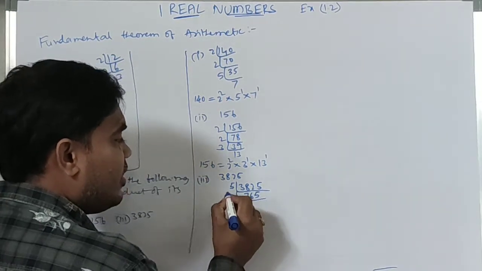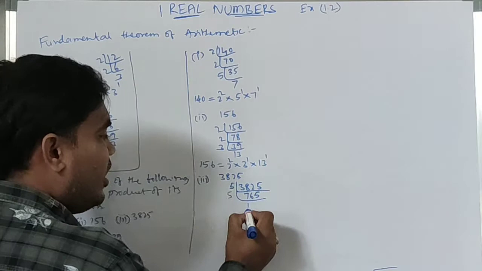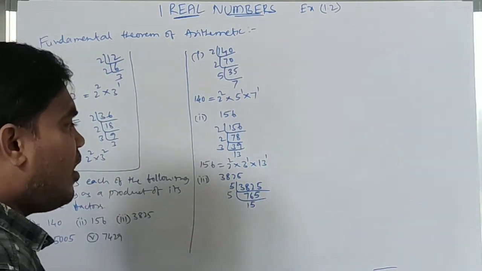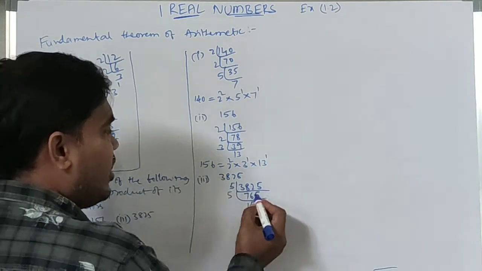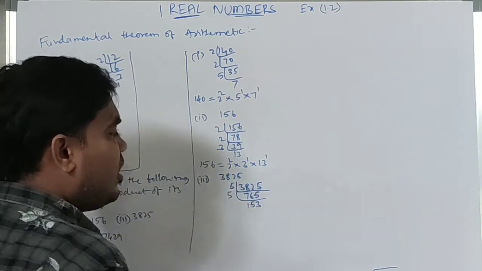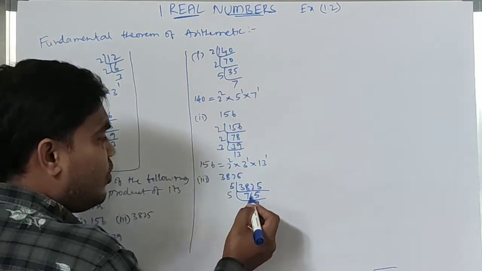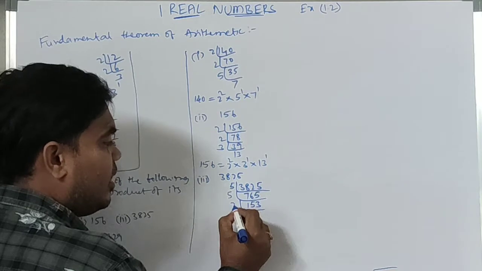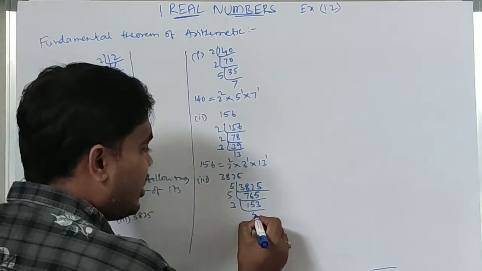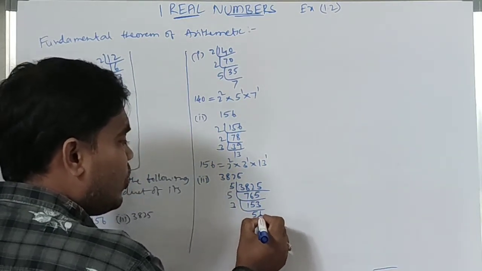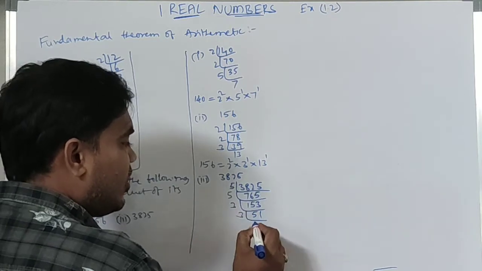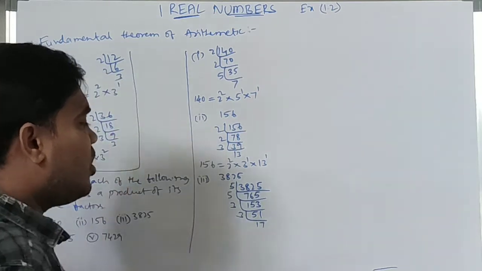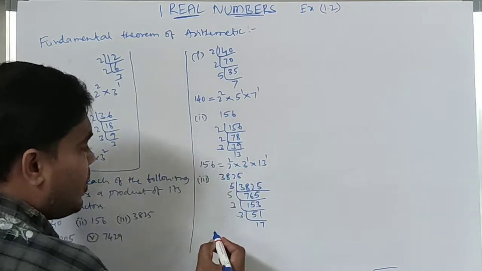Again 5 into 153 is 765. Then 3 into 51 is 153, and again 3 into 17 is 51. 17 is a prime number, so we stop here.